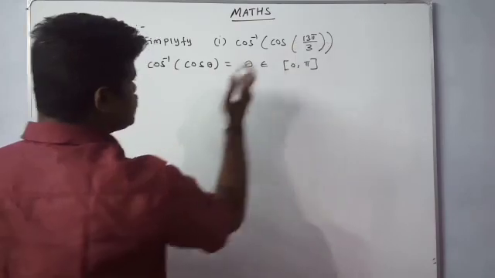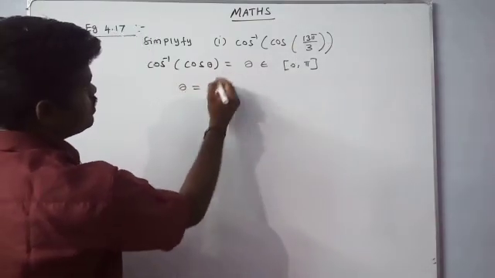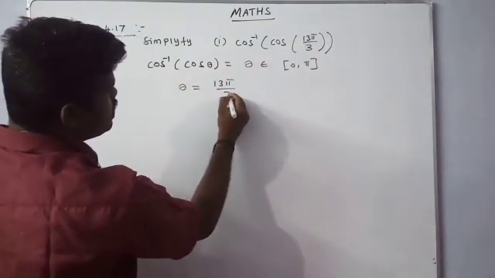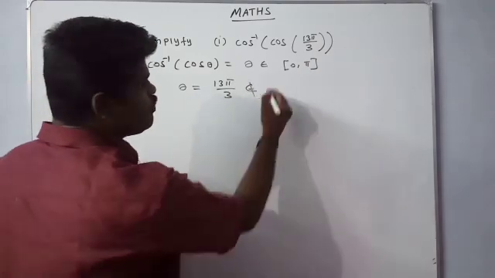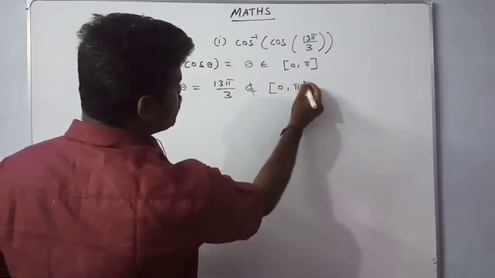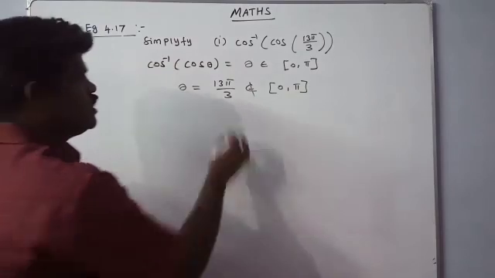But here theta is what? Here theta is equal to 13 pi by 3, which does not belong to 0 to pi, because we want to check it.